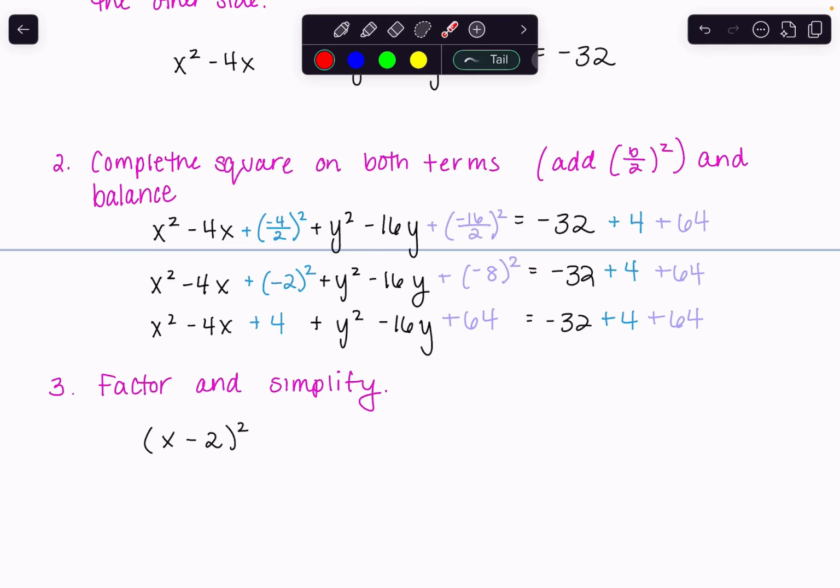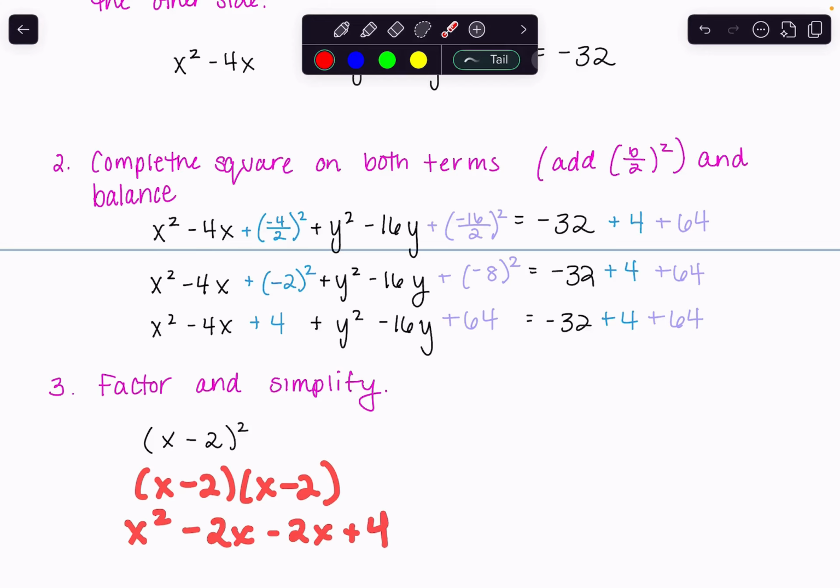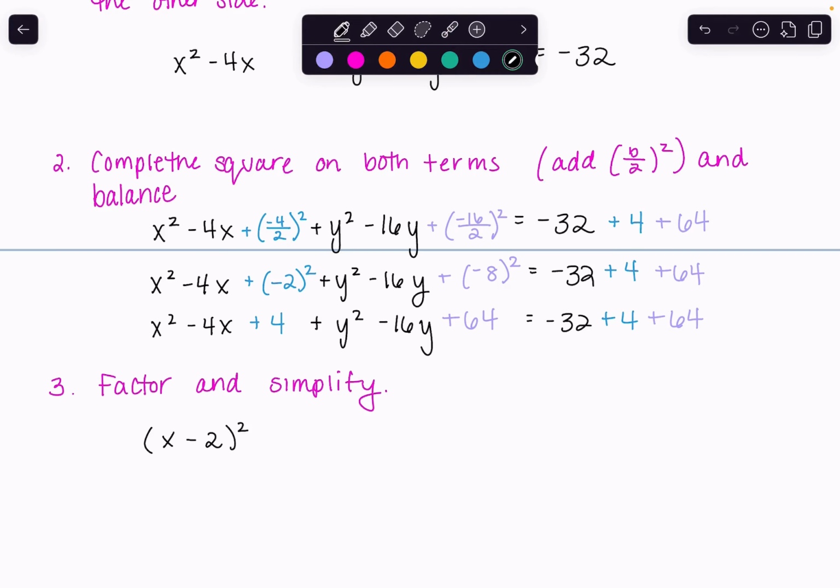And again, you can FOIL that out if you need to, but it's that perfect square formula. So you get the first term, the outer term, the inner term, the last term, and those combine to that middle term. And then we have y minus 8 squared. So again, you get 2 times the product of those when you FOIL it out.